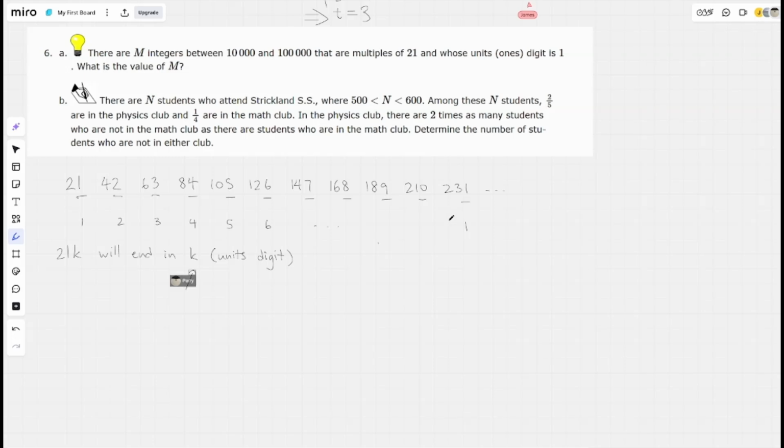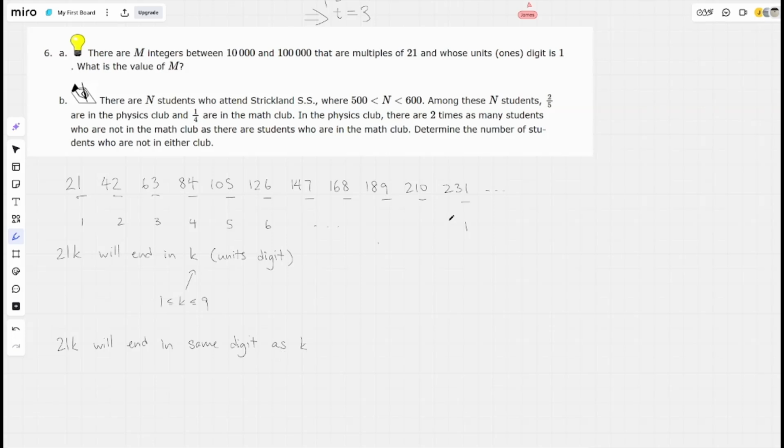This is actually only true for k between 1 and 9. So to correct that, 21k will end in the same digit as k.